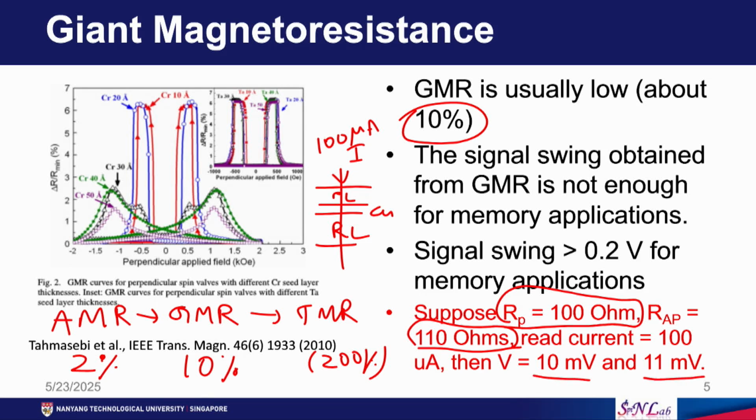This is the difference between, say, bit 0 and bit 1. This 1 millivolt difference is too difficult to read. Because of this, people do not use GMR, they go for TMR, which gives 200% tunneling magnetoresistance.